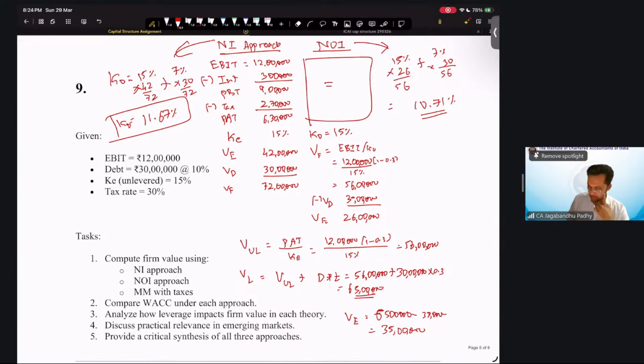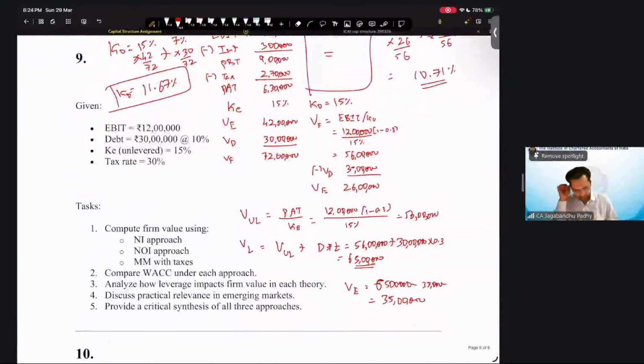And then in case of Modigliani-Miller, KO is equal to 35 out of 65 into 15 plus 30 out of 65 into 7.